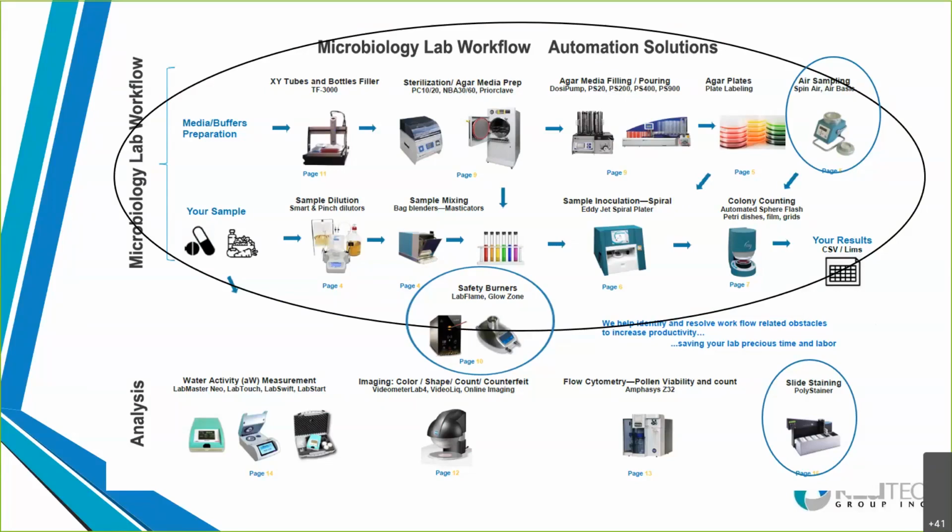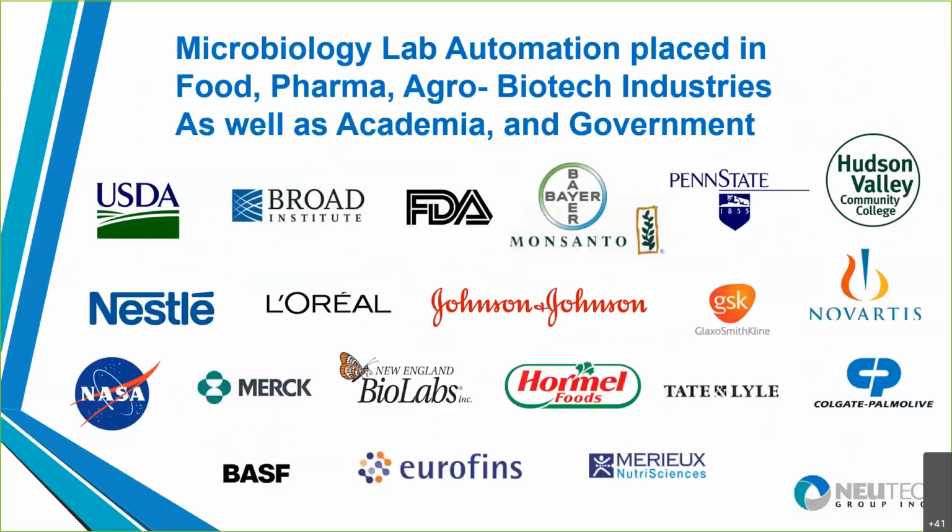If you need those in a laboratory, we do have those, as well as the slide staining. If you need to stain slides for other stuff you're working on, we do provide a solution for that as well. And of course, we work with a lot of large companies. Some of the main producers in terms of food, cosmetics, and pharmaceuticals use this equipment to automate their process and be able to increase efficiency while utilizing their labor force to its optimal effectiveness.